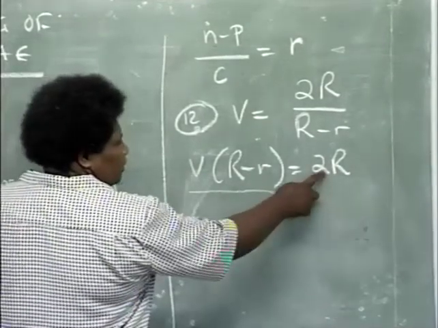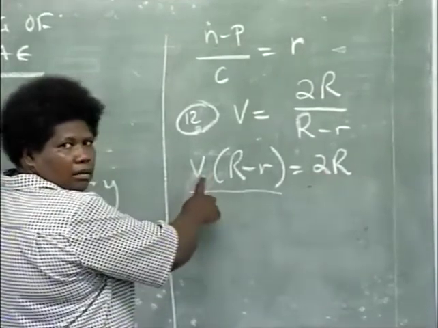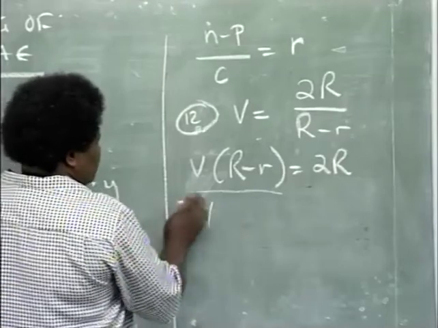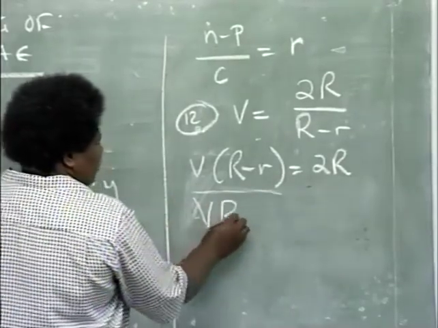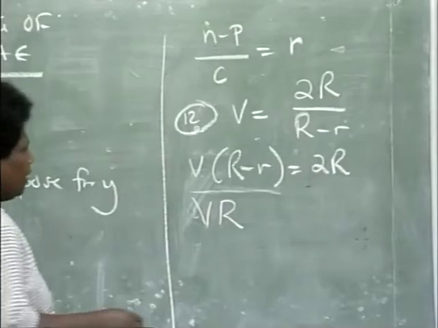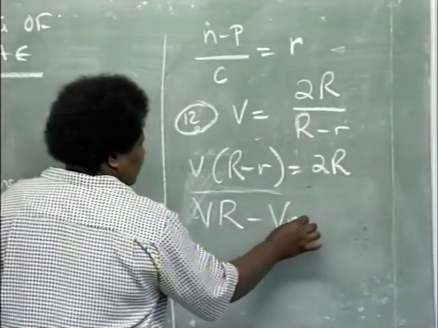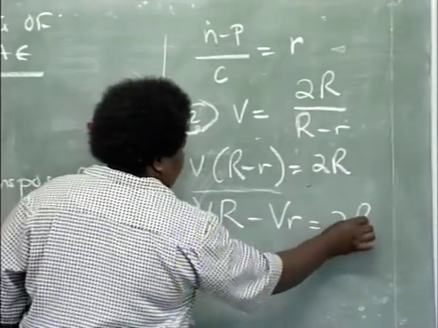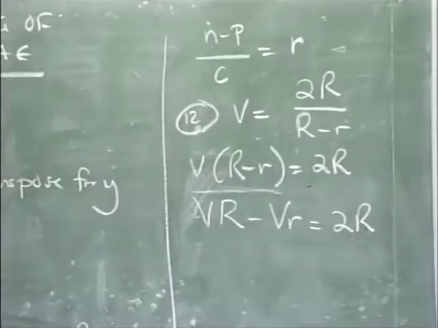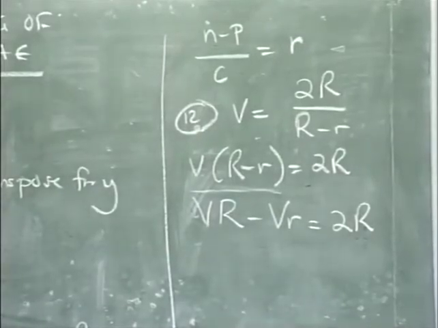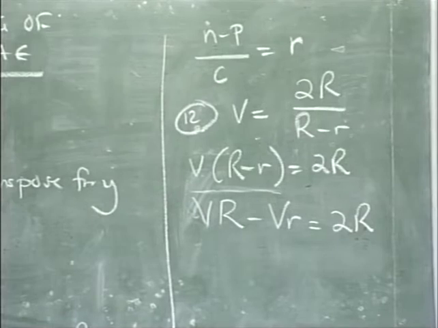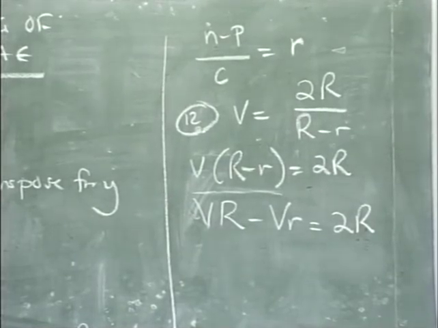Here? You remove the brackets and then you multiply. Okay, that's better. Remove the brackets. V multiplied by R minus V multiplied by small letter r equals 2r. Remember, I want small letter r to be on one side of the equation because I have to make that the subject. Gabriel, next step.